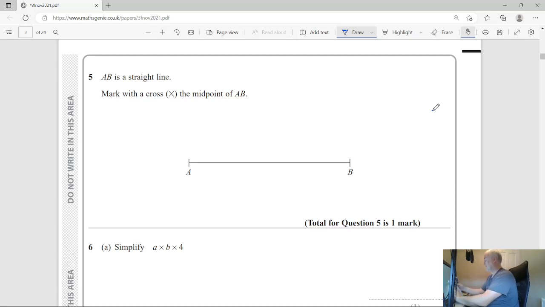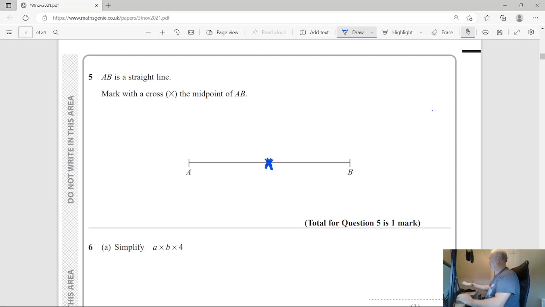So I've taken my piece of paper. That's the length of the line. Fold it in half. Now, if you had a ruler, what you would do is measure it, divide it by 2, and you would find the halfway point, which is just there.